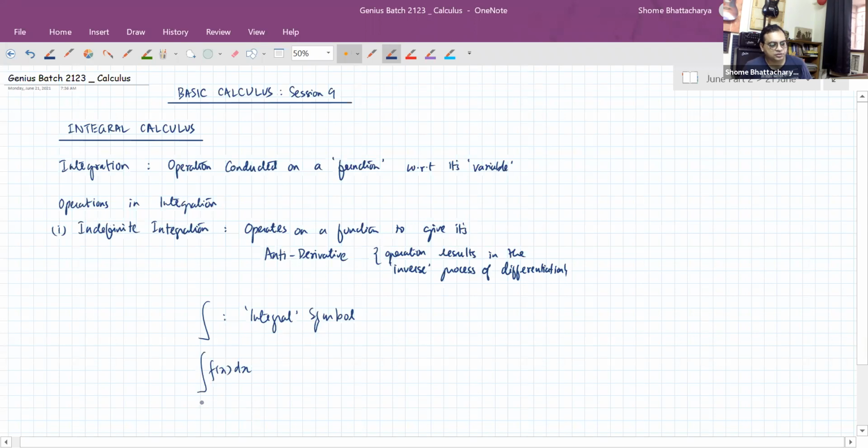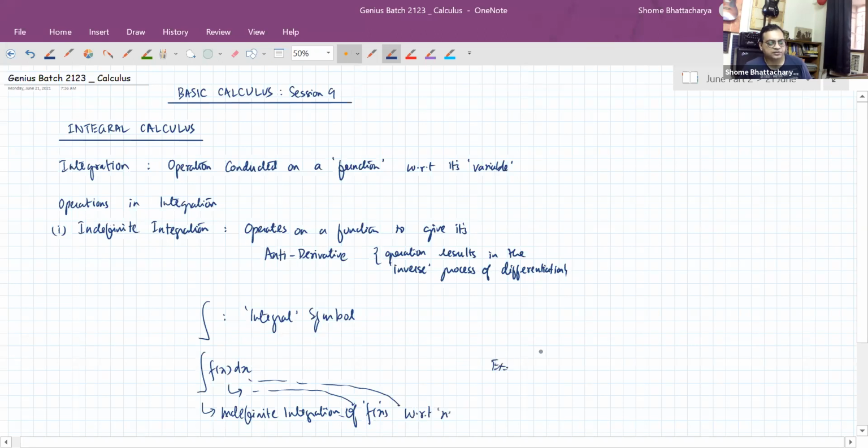So this is indefinite integration of f(x) with respect to the variable x.